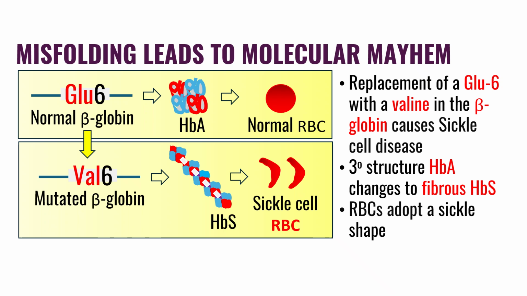So this disease is called sickle cell anemia. This is a good example of a defect in the quaternary structure leading to disease pathogenesis. So this is all about the significance. There are many other examples you can cite, but this is good enough for you to know.